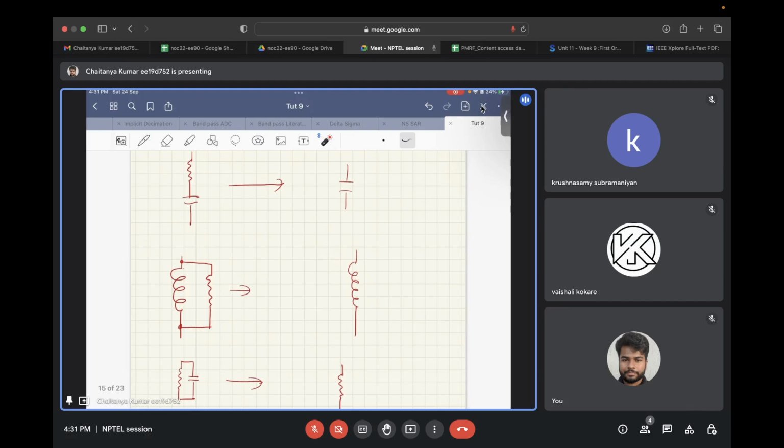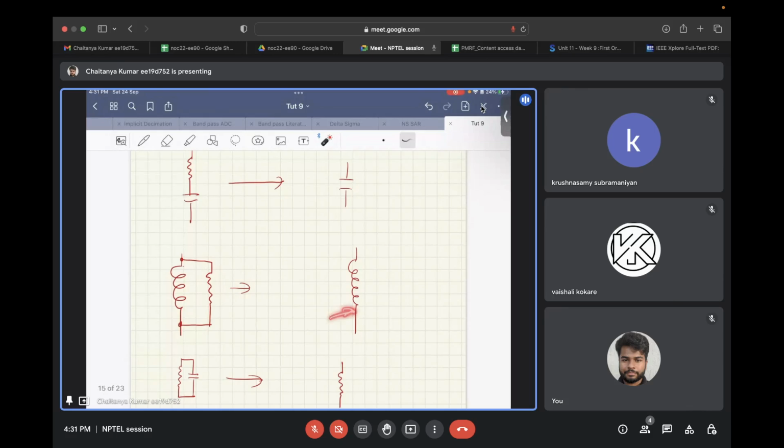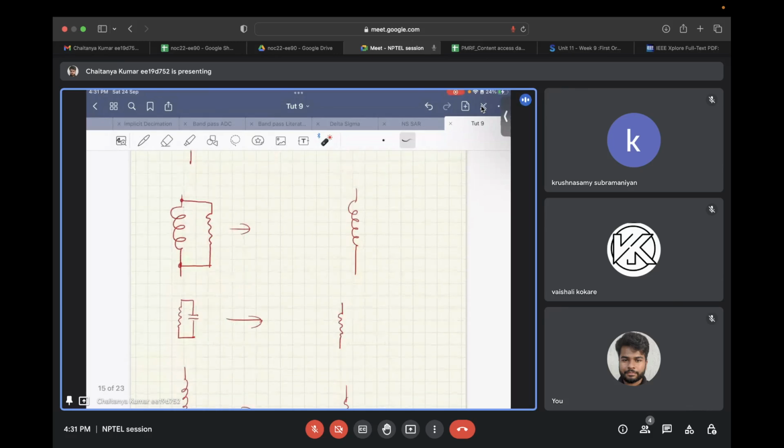Similarly, because the impedance of a capacitor in steady state is infinite, and the impedance of an inductor in steady state is zero, anything in parallel to an inductor can be removed, and it can be considered as a single inductor.